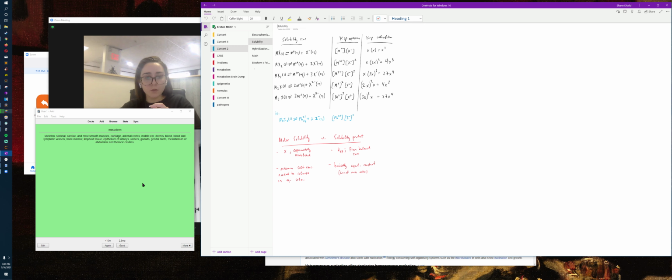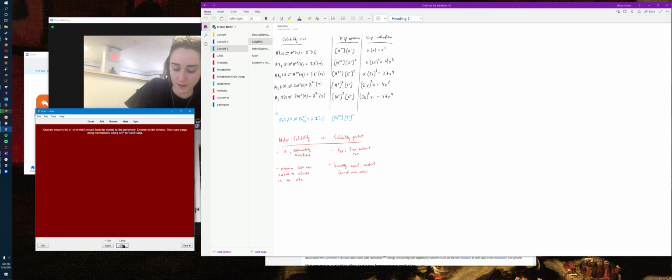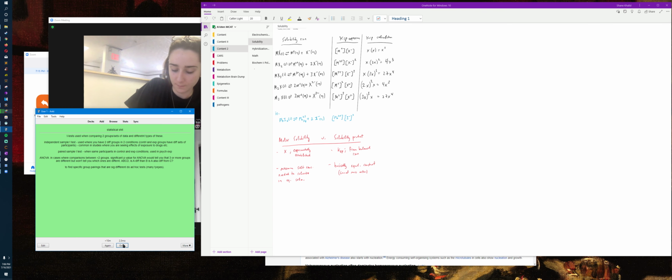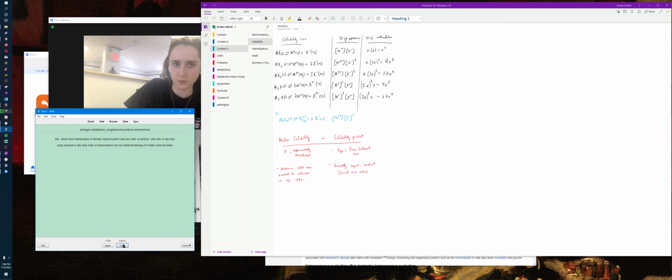It's called the solubility product, and you get that from the balanced equation. Wait, it's no liquids and solids, right? Here, it's basically just aqueous stuff. Oh yeah, just aqueous stuff.